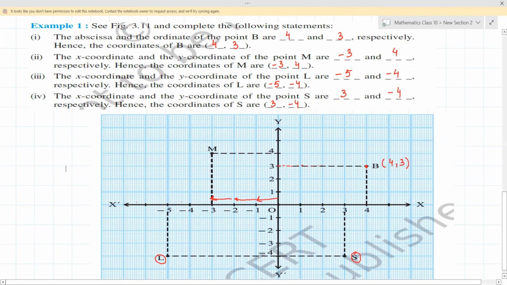Okay. Yeah, let me just open the exercise now. Oh, where's 3.1?